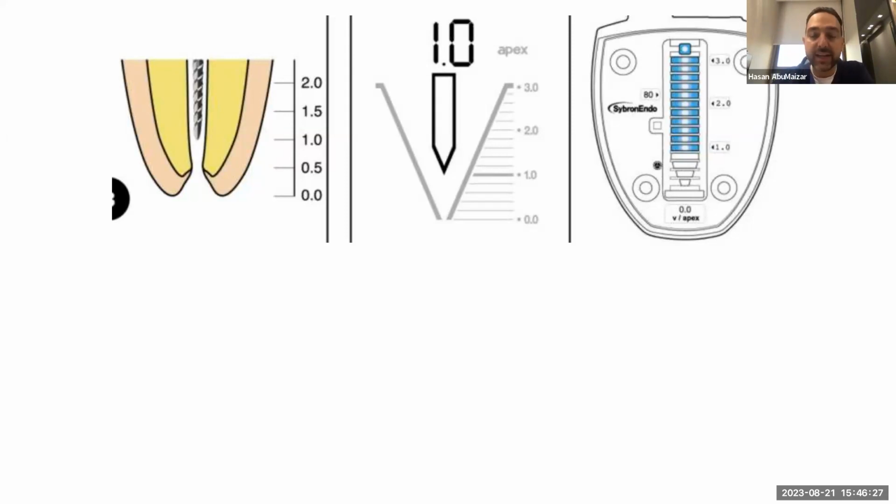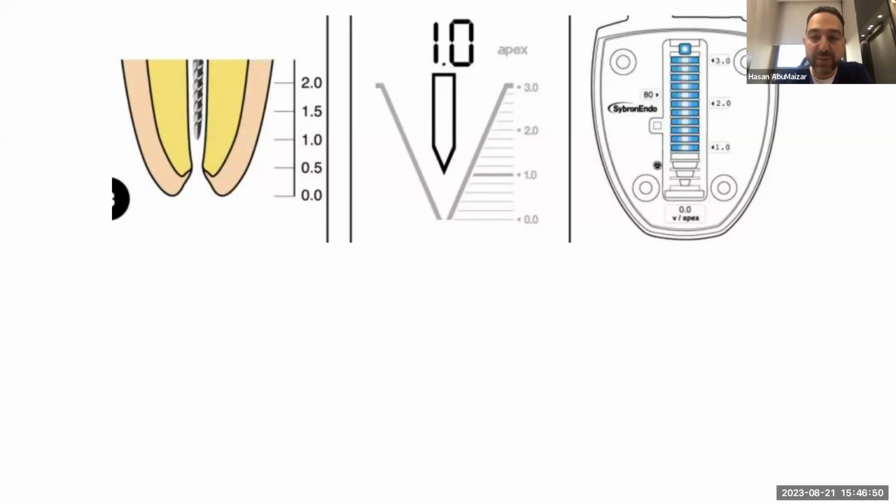I'm not saying that you should end at zero. What I'm saying is that when you reach zero, then you've reached the apex. And usually I bypass the zero, like -1 with a small hand file, to make sure that it is actually the apical constriction, and then I go back. Now, get the zero reading, write it down, and then you can deduct whatever you want.